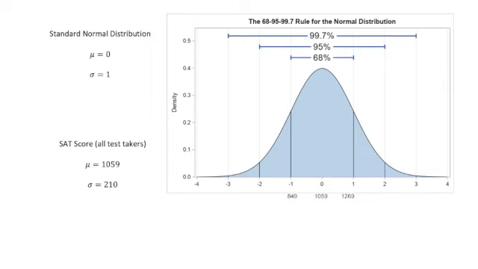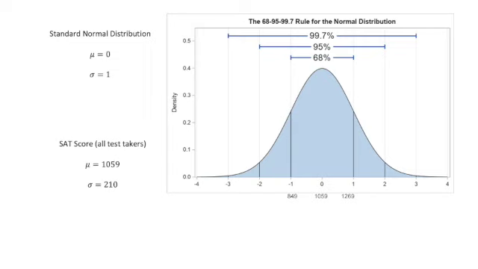If we add 1 standard deviation, that is, we're adding 210 to our 1059, we get 1269, which then represents our plus 1 standard deviation from the mean. So we could say then with SAT scores that we would expect 68% of SAT test takers to score between an 849 and a 1269.